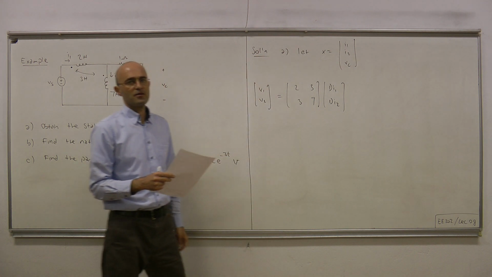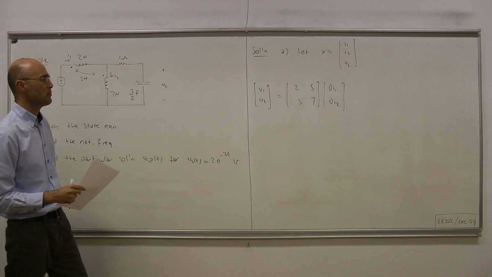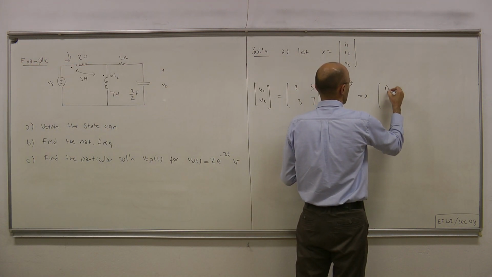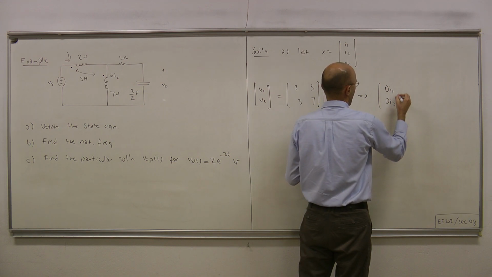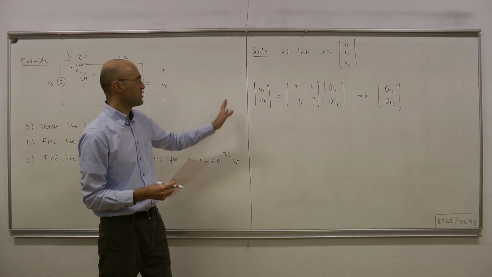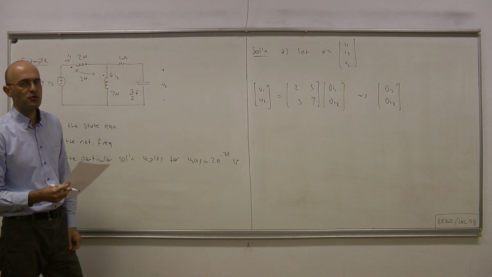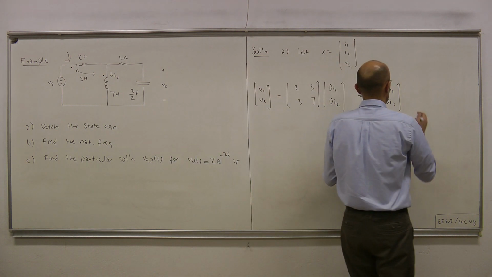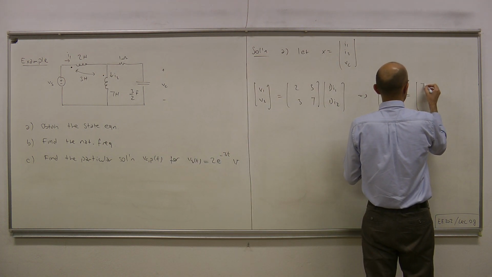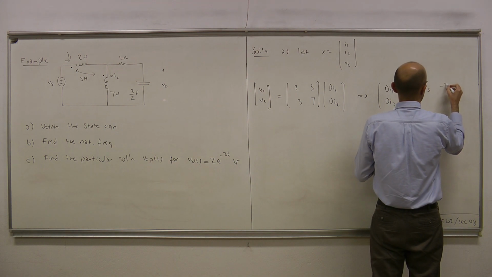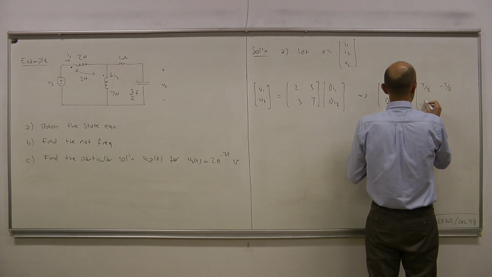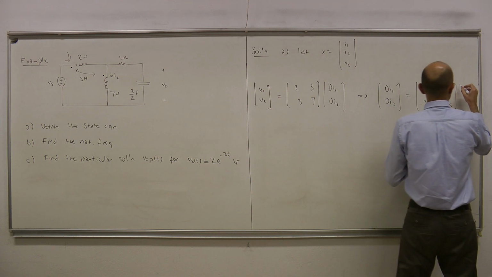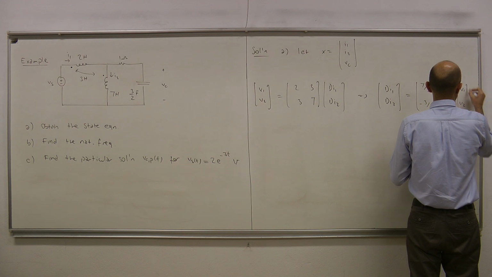Diagonal terms, self-inductances, and off-diagonal terms, mutual inductance. And from this, we can easily obtain I1 dot and I2 dot by simply multiplying both sides with the inverse of the inductance matrix, which happens to be [7/5, -3/5; -3/5, 2/5], times V1, V2.